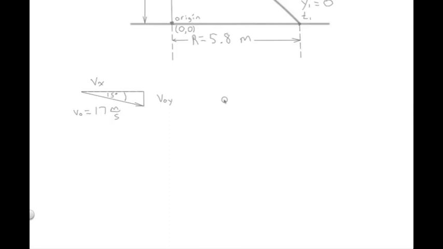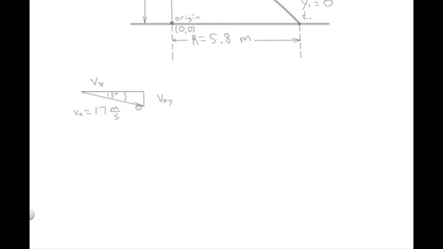Well, as we discussed in the previous video, in projectile motion, the vertical velocity is changing, but the horizontal velocity is constant. Since the horizontal velocity is constant, we don't need a time subscript to indicate the horizontal velocity at different times. Since the vertical velocity is changing, we do need a time subscript because the vertical velocity is different at different times. Now remember, we need arrows to show the directions of these components.